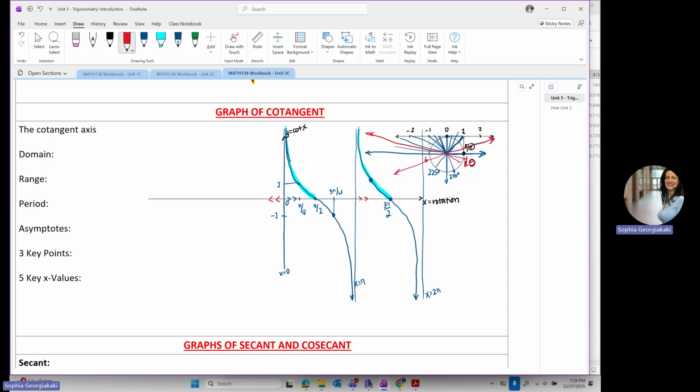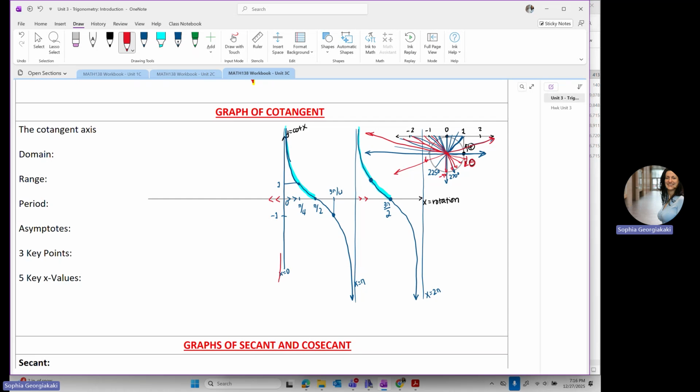As I continue to approach negative 90, my cotangent will be decreasing in absolute value, but increasing as a negative value until at negative 90, I hit 0 for a cotangent.